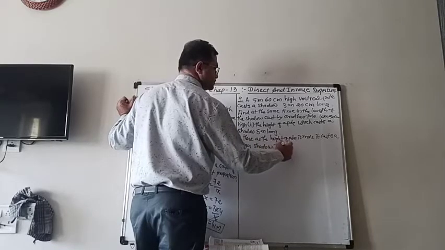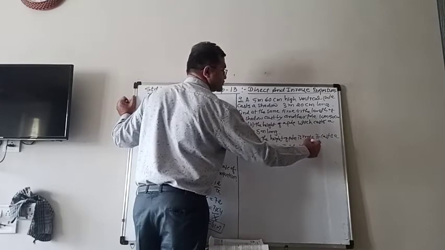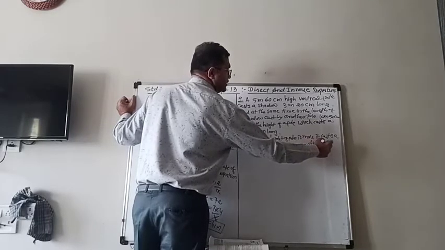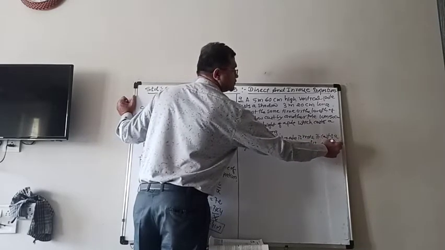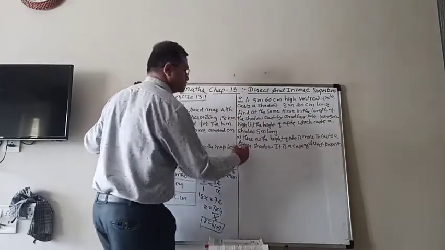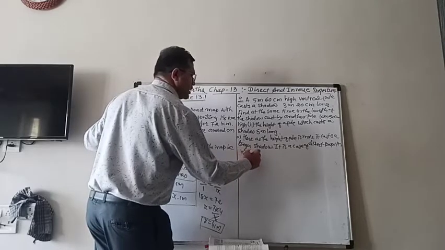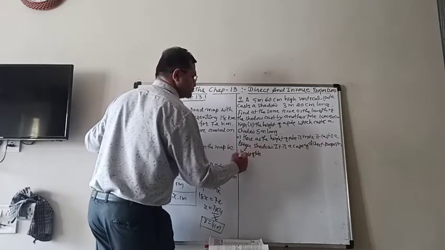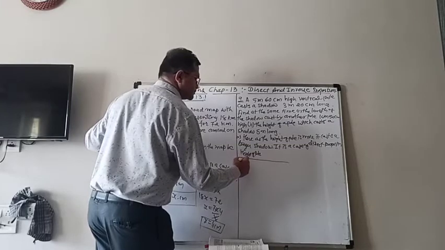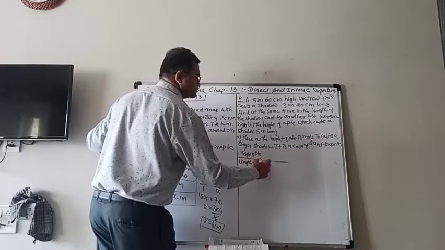So it is a case of direct proportion. So now we will make a table: height of pole and length of shadow.